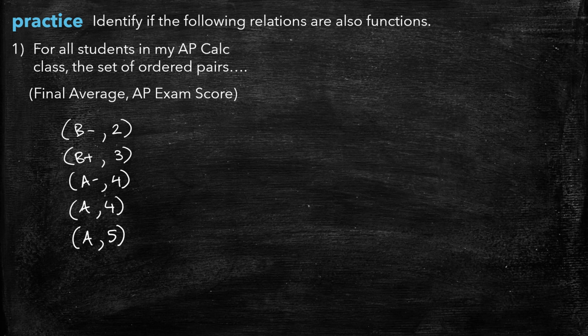In fact, there are lots of repeated ones. For example, someone who got a B+ also got a 4. So we have a lot of problems here, because B+ is repeated and the A is repeated, and that automatically disqualifies it from being a function. So, not a function.